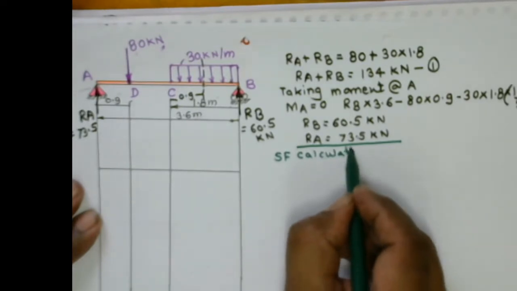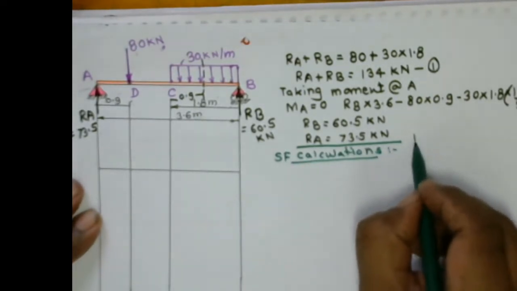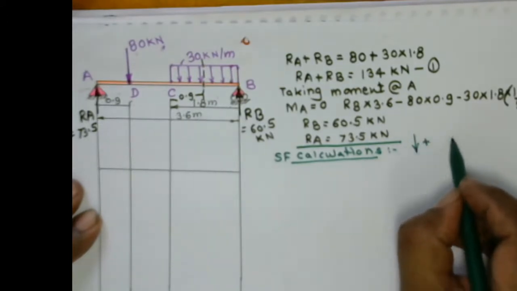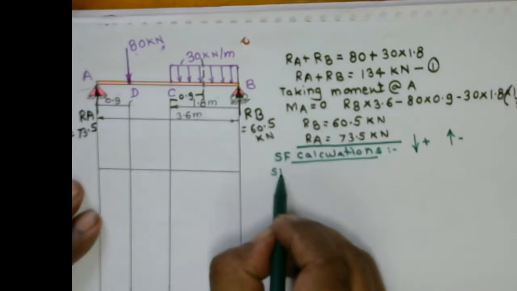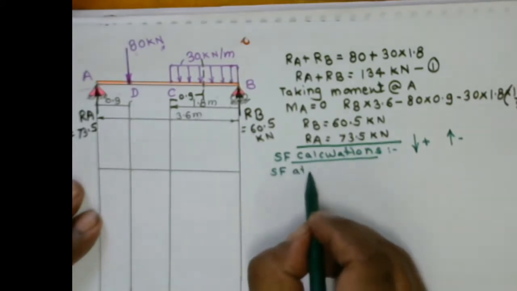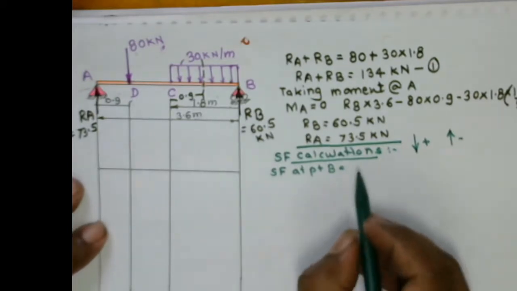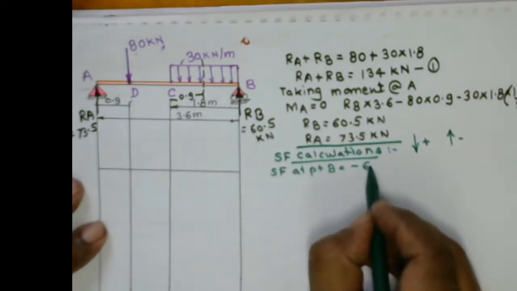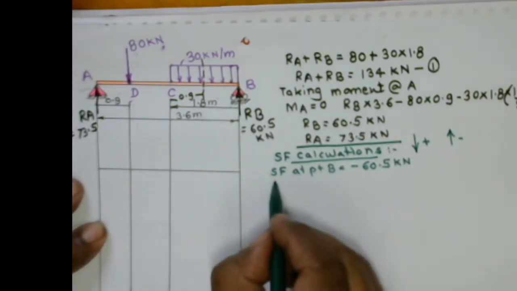To calculate the shear force, our first step is to decide the sign convention: downward positive, upward negative. So shear force at point B is equal to 60.5, it goes in the upward direction, so we give the sign convention minus 60.5 kilonewton.